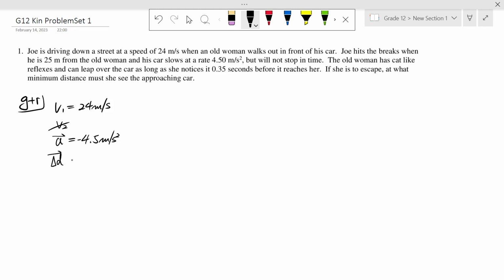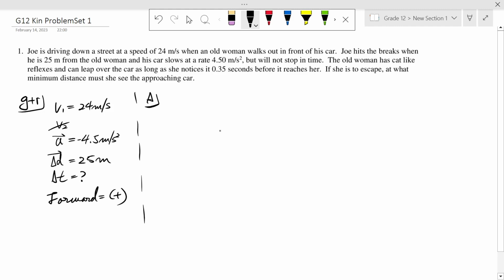Delta D is going to be 25 meters. Delta T is what we're looking for. And the direction forward equals positive. So that's our given and required.